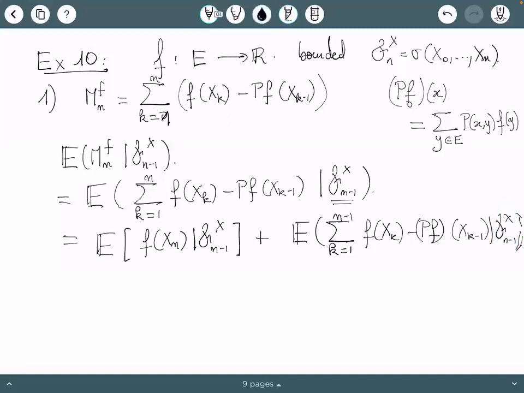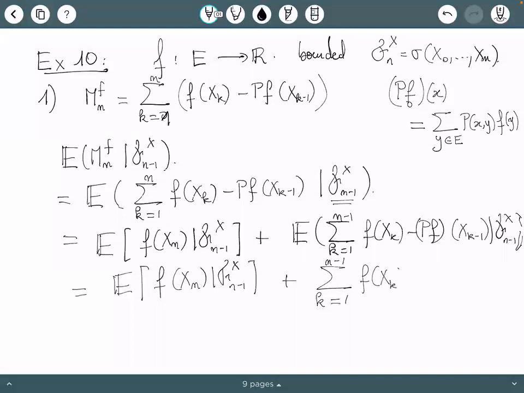So I can, in fact, forget this conditional expectation in the second sum. I use the fact that if Z is a random variable which is G measurable, then the conditional expectation of Z given G is equal to Z. It is a property that I used here.